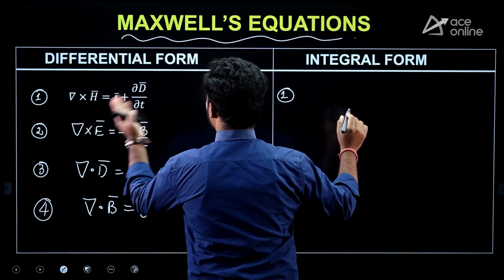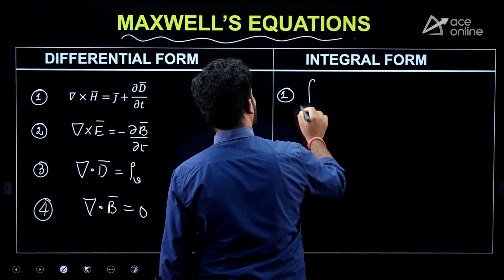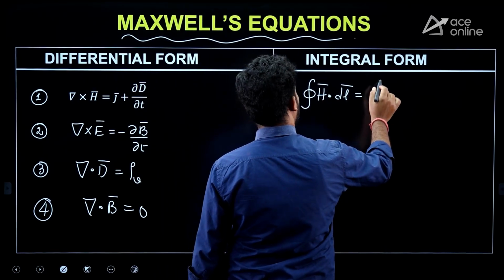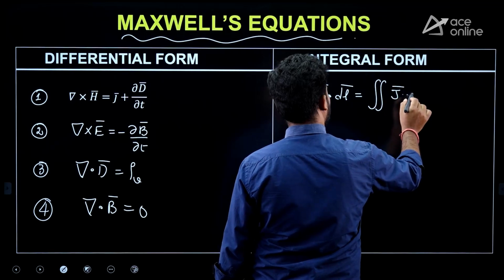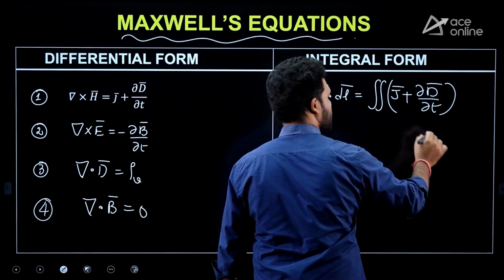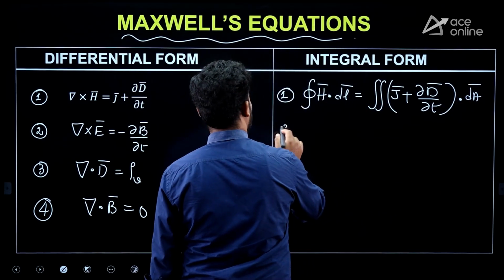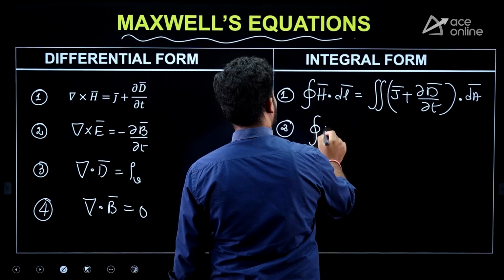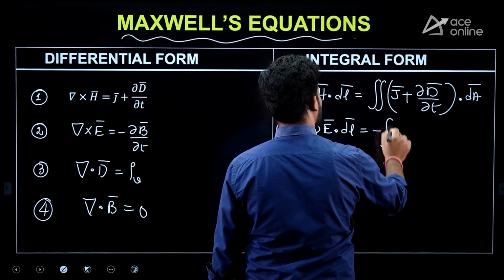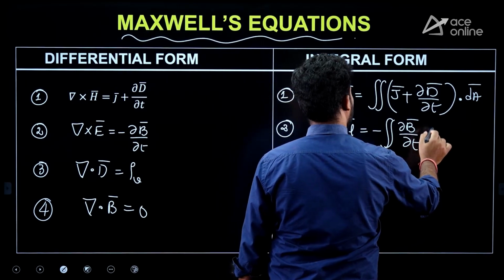How can you convert from differential to integral? By using Stokes theorem. So, closed line integral of H dot dl is equal to surface integral of J plus dou D by dou t into dA. Next, number 2, closed line integral of E dot dl is equal to minus surface integral of dou B by dou t into dA.